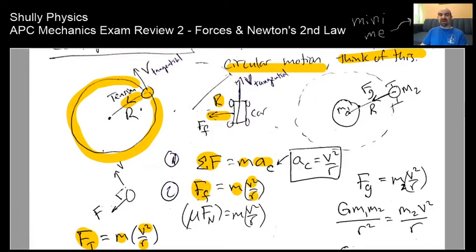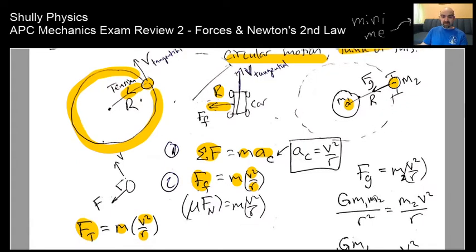Or let's say it's a satellite going around the Earth. Here's the Earth, here's the satellite. Earth is mass 1, the satellite is mass 2. Gravity is the distance between them, and r is that orbital distance. So Fg is the net force. M2 is the satellite that's spinning around in the circle, and acceleration would be centripetal acceleration, v squared over r.